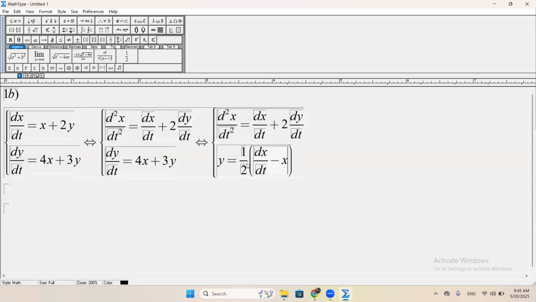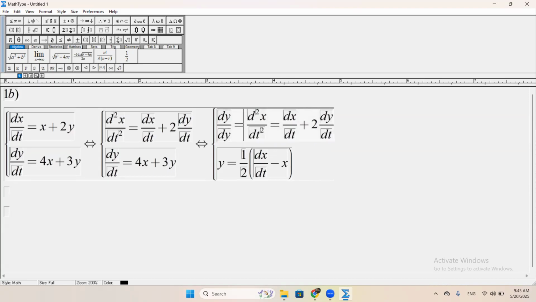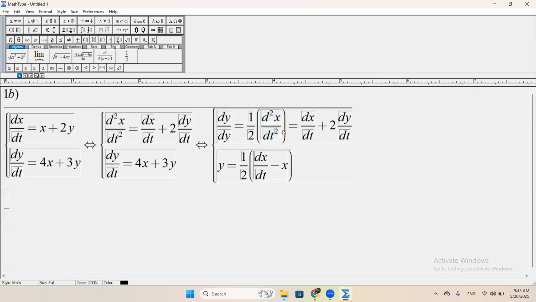And then dy by dt equals 1/2, so d2x by dt twice minus dx by dt, and it will be divided by 2.